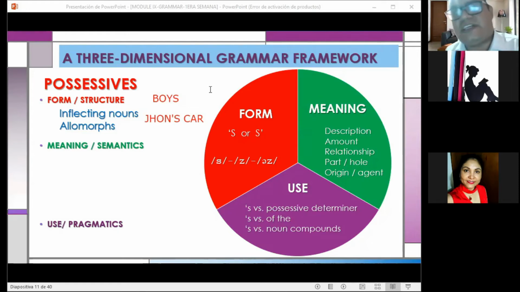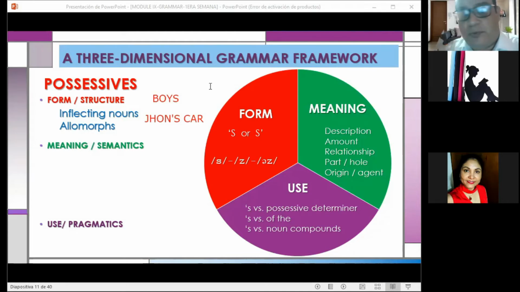How do you pronounce this apostrophe S after John? John's or John's? The second one, aha. John's with the sound Z.